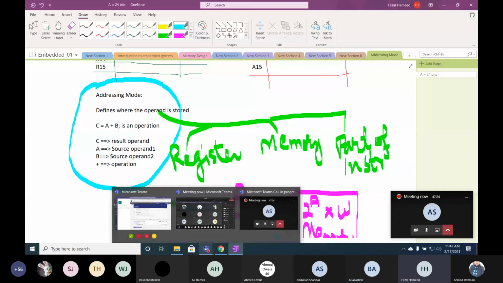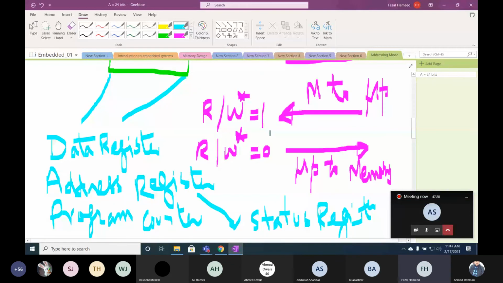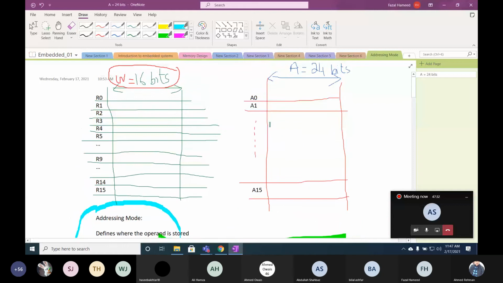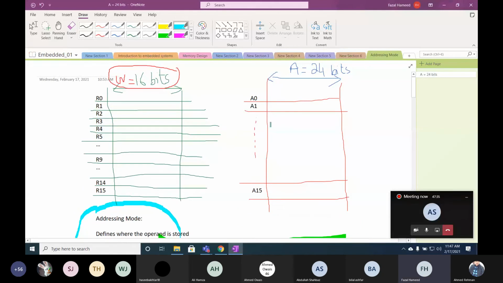Okay, so the operand can be stored in. अच्छा, अब यहाँ पे एक simple question है. Why we have registers and why we have memory? हमें दो जगह डेटा रखने की क्यों जरूरत है? सिर्फ मेमोरी में रखे, रजिस्टर में क्यों जरूरत है? Why we are keeping the data in register? सर रजिस्टर में टेम्पररी स्टोर होता है और मेमोरी में भी टेम्पररी स्टोरेज होता है, जो परमानेंट स्टोरेज है वो तो हार्ड डिस्क है.